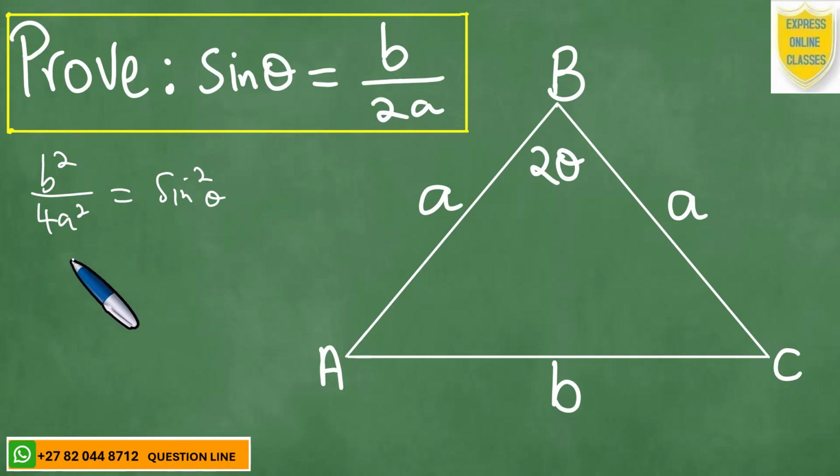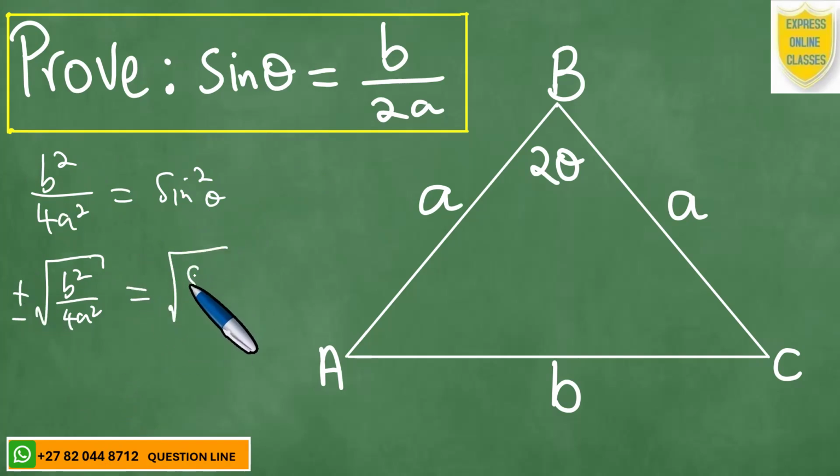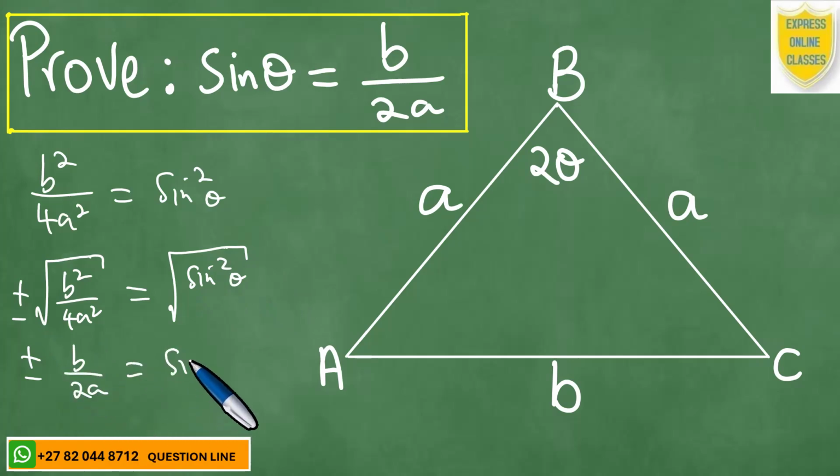So we have the square root of b squared divided by 4a squared, plus or minus, which equals the square root of sine squared theta, plus or minus. Now this gives us b divided by 2a, which equals the sine of theta.